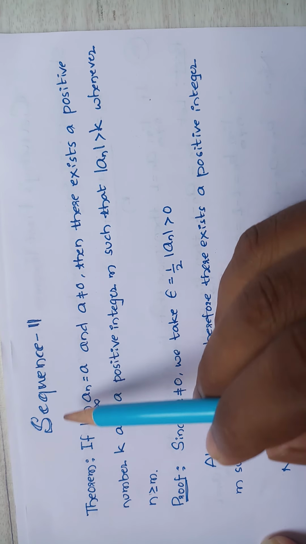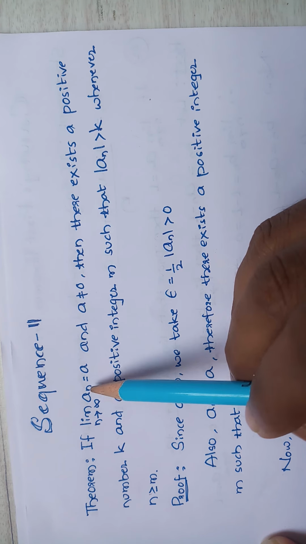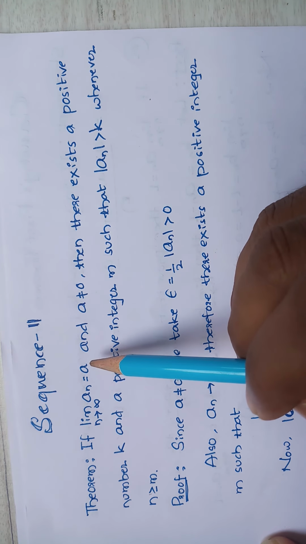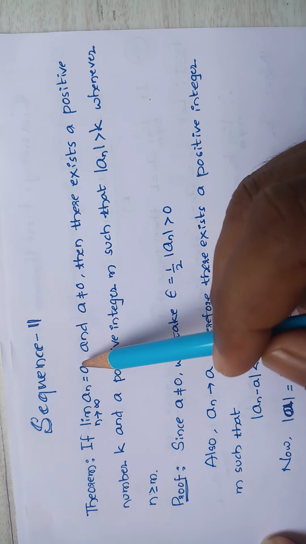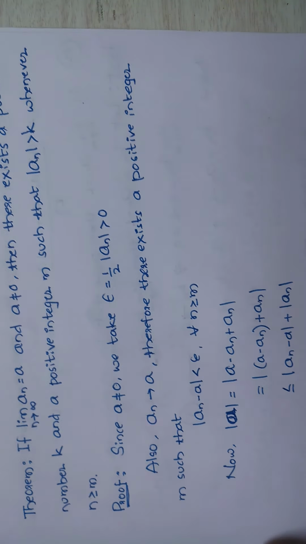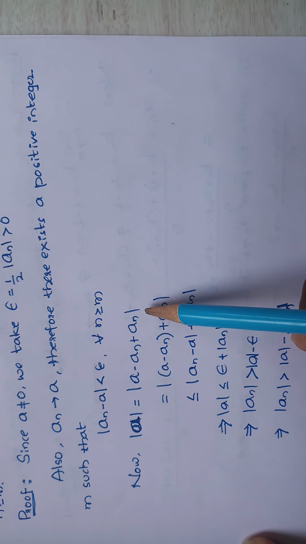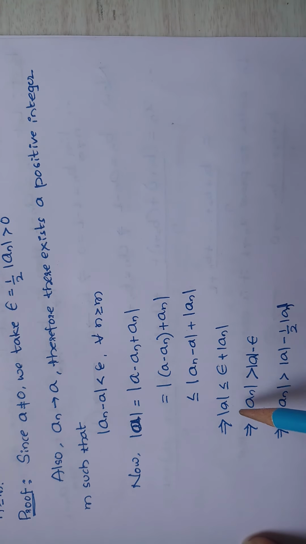Here, using the definition of a convergent sequence, we are taking modulus of a_n minus a is less than epsilon. Using that, I am rewriting modulus of a in this form, adding and subtracting a_n. After that, modulus of a is less than or equal to epsilon plus modulus of a_n. After rearranging the terms, modulus of a_n is greater than modulus of a minus epsilon.